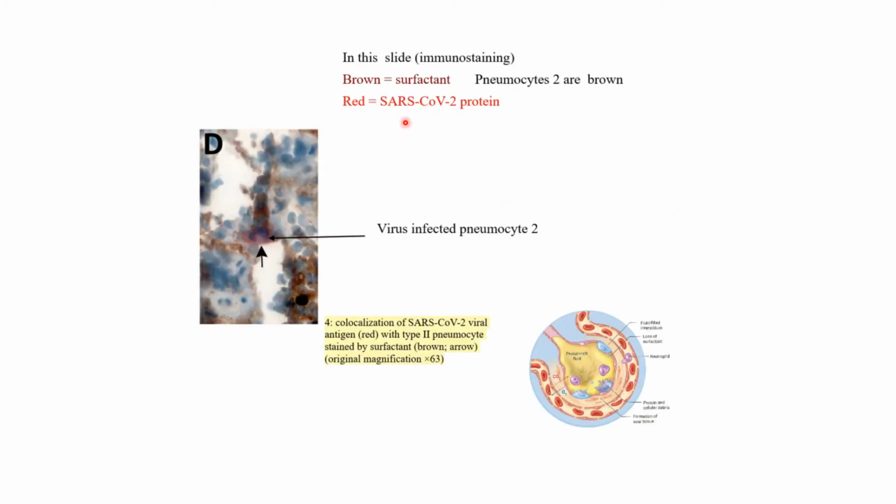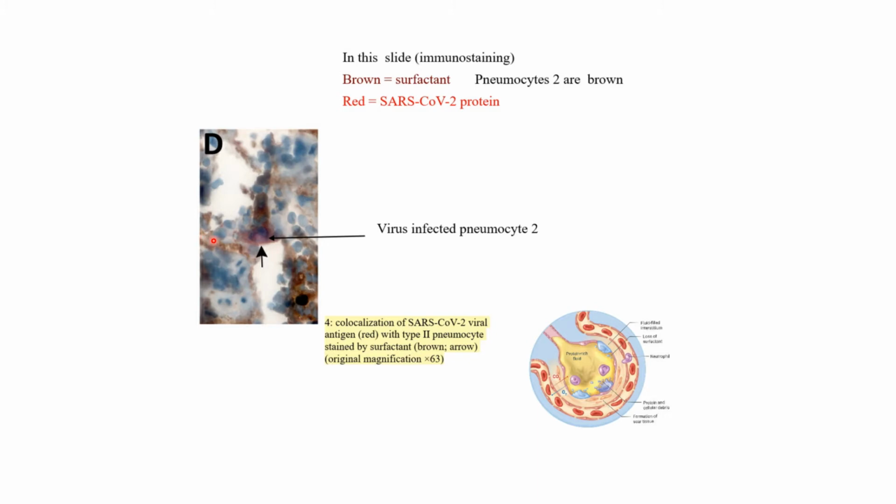In this slide, brown is the surfactant and red is the SARS-CoV-2 protein. So here is a virally infected pneumocyte with red SARS-CoV-2 protein. This brown, what is this? What could this be?